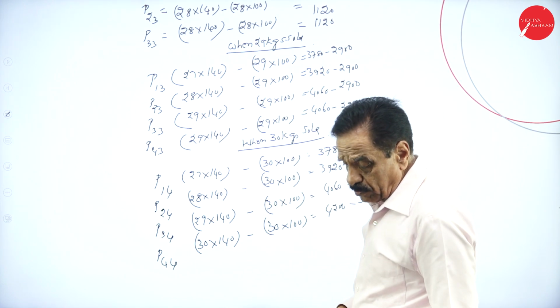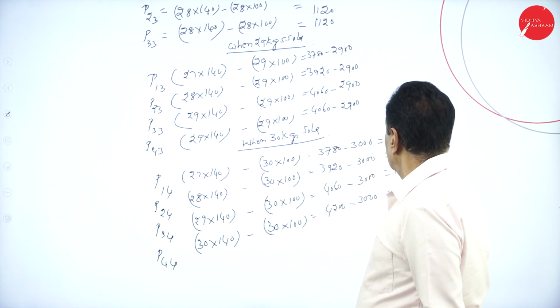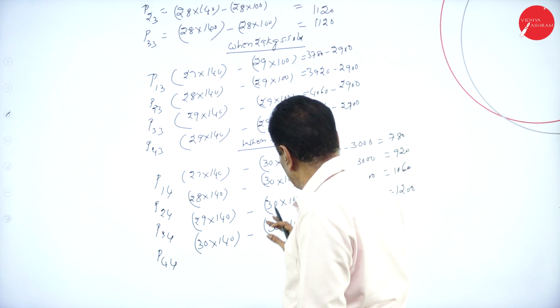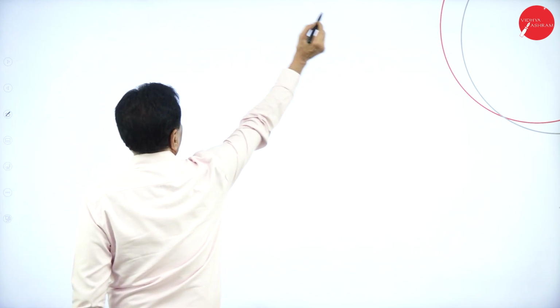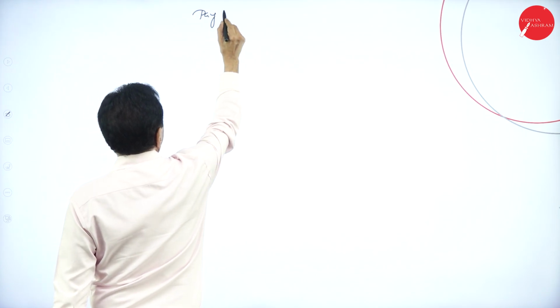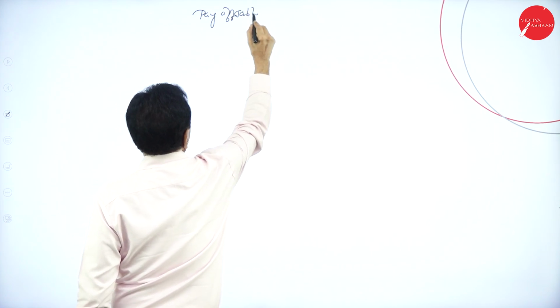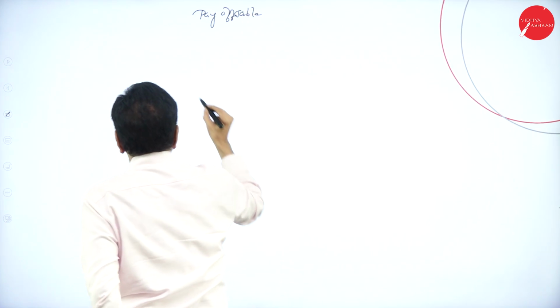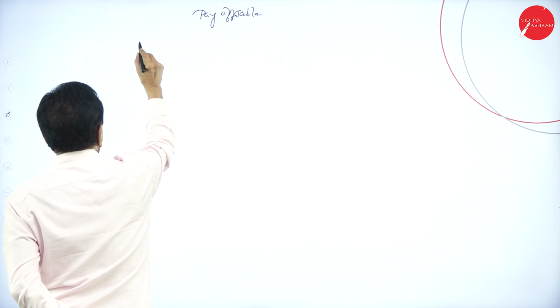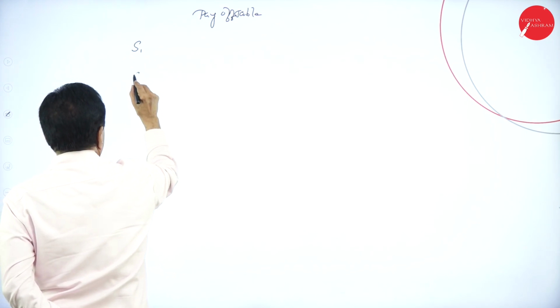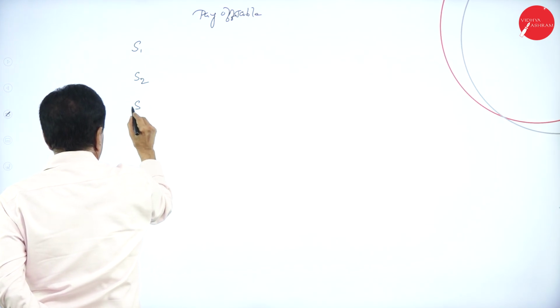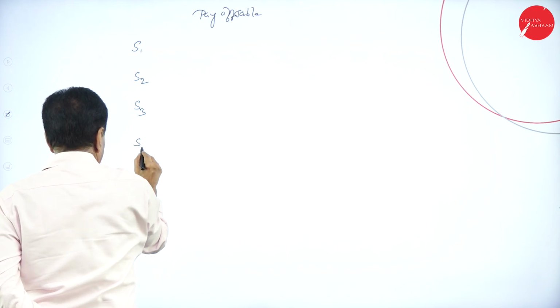So this goes to 30 kgs. This should be put in a table now. P of table. Here S1, S2, S3, S4.